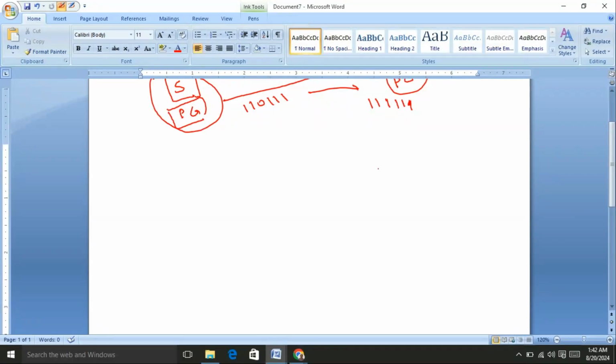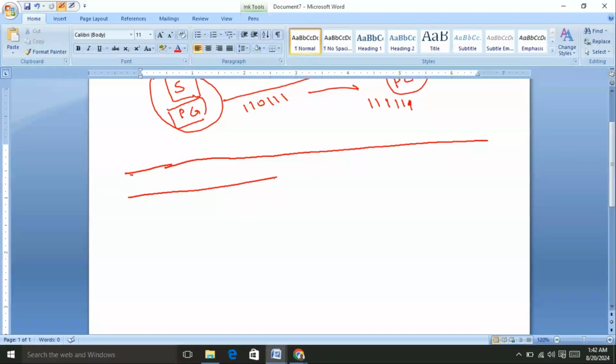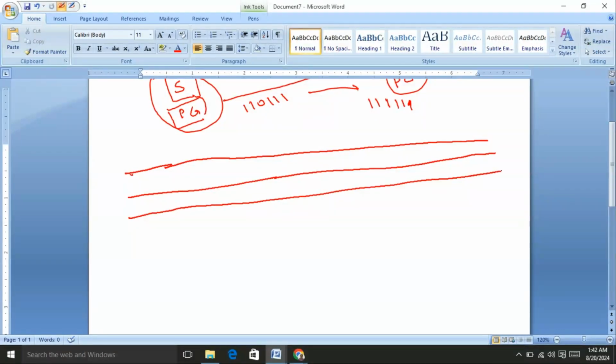Now the design of the parity generator and checker is like that. Please observe carefully. I consider the circuit has three transmission lines. I connect two of these to an exclusive OR gate.